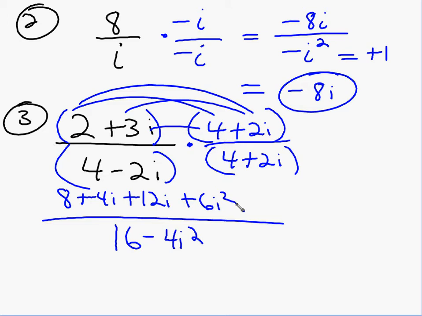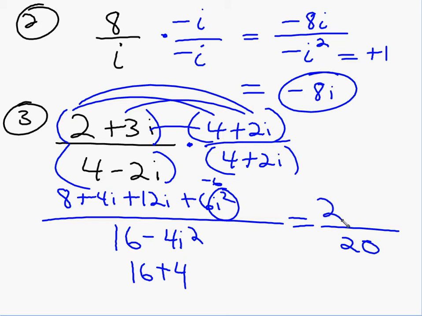So from there on out, it's just some cleanup detail. The denominator is going to become 20 because that's 16 plus 4. This is a negative 1, so that makes this like a negative 6. So 8 minus 6 is 2 plus 16i. Now I will tell you that if you check your answer in the back of the book, that's not good enough. Does anybody see why?